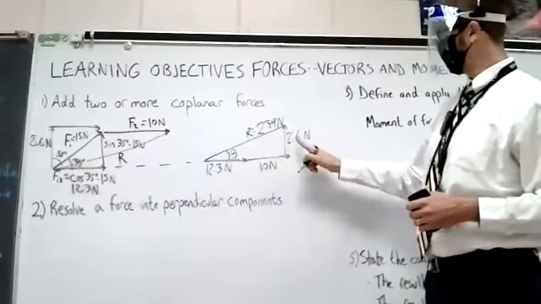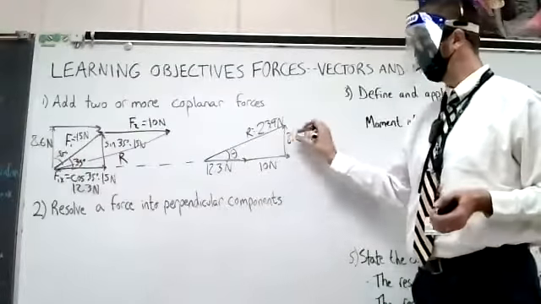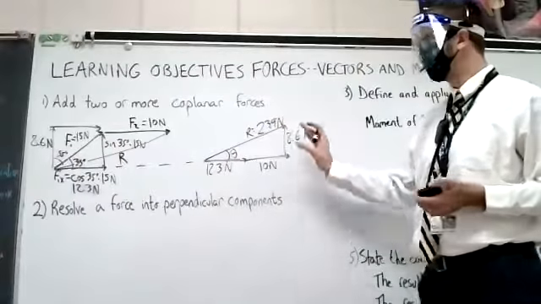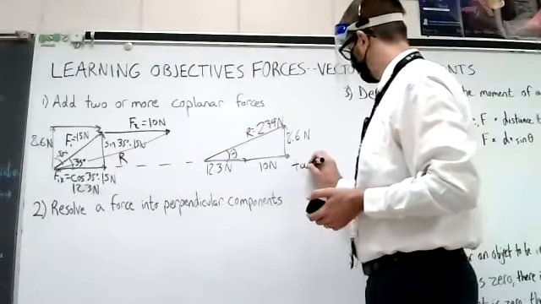So we can solve for this using the tangent function or the sine function or the cosine function because we know everything about this right triangle. We know all the sides. I always like the tangent function.